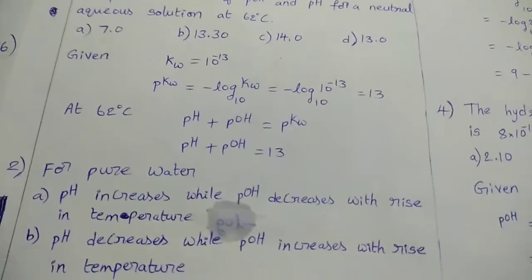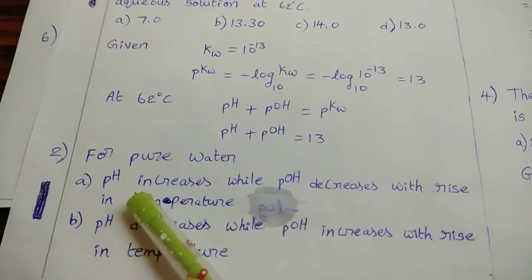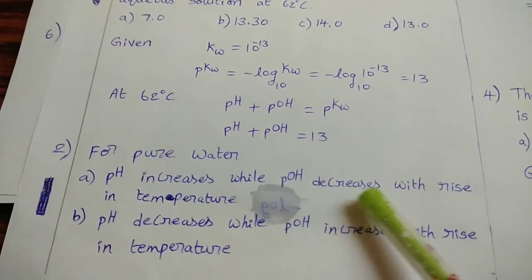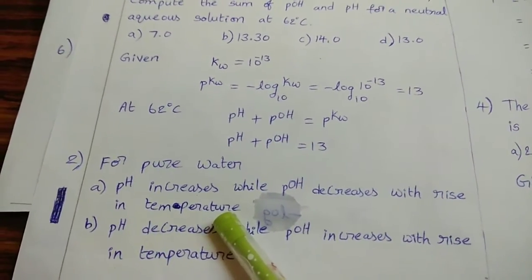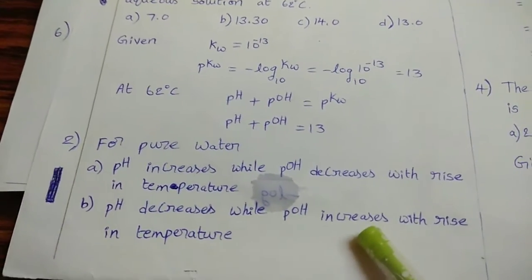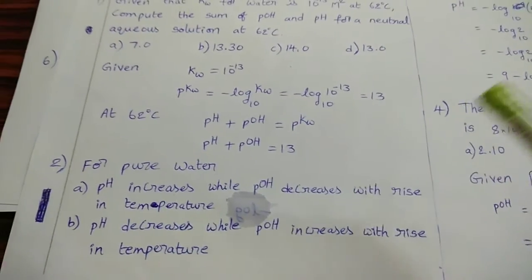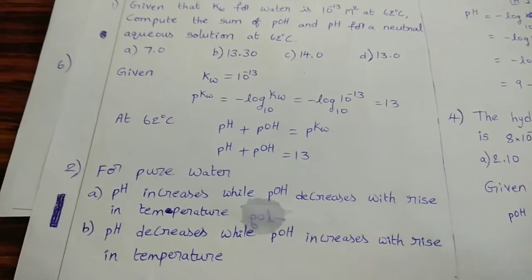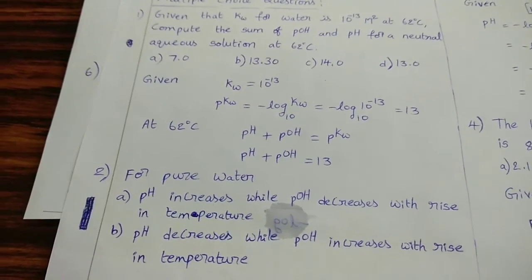Next, for pure water we have to identify. pH increases while pOH decreases with rise in temperature. That is not correct. pH decreases while pOH increases with rise in temperature. In case of pure water, if we increase the temperature, the ionization of water molecules increased.